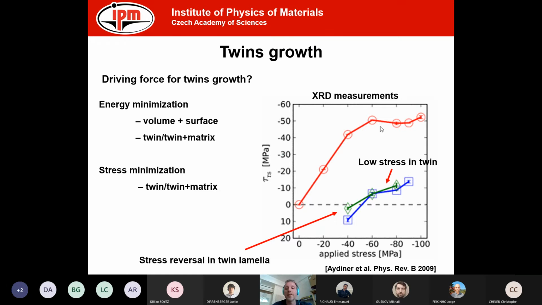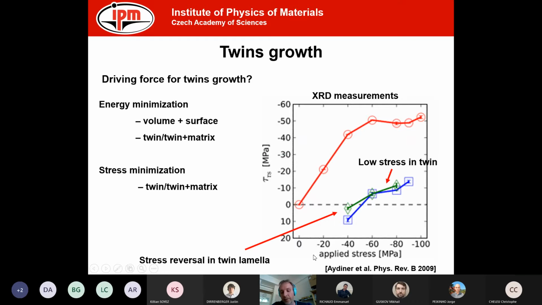There were some XRD measurements, as you can see here, of the shear stress at the twin plane during the straining of the AZ31 alloy. And here what you can see is the evolution of the stress inside the parent twin.